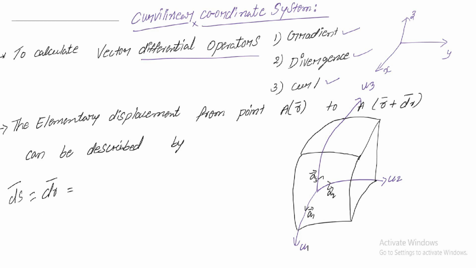The volume integral of a scalar quantity f over a volume is written as the volume integration of f dv, where dv is the differential volume, which depends upon the type of coordinate system.